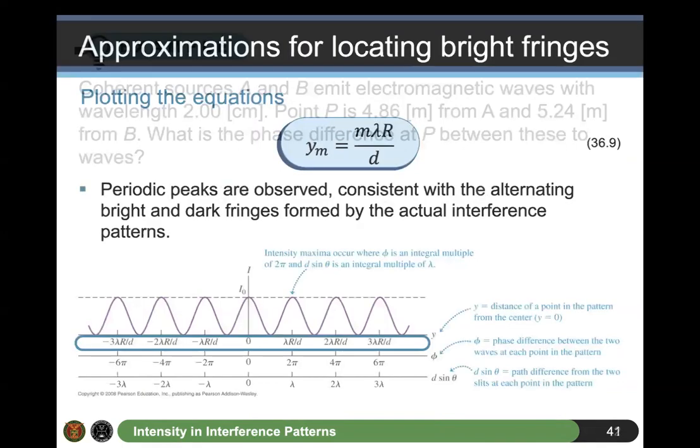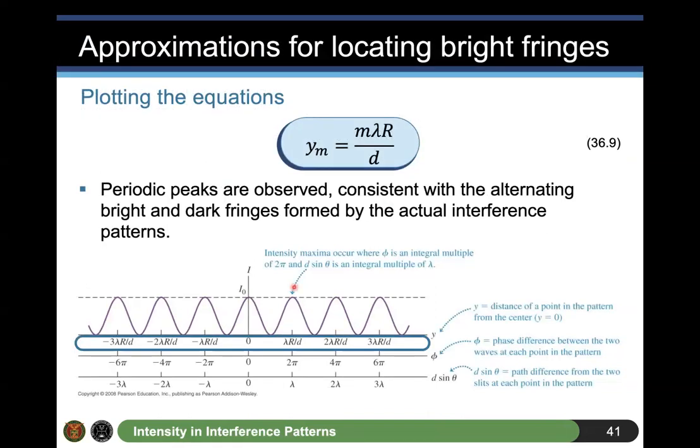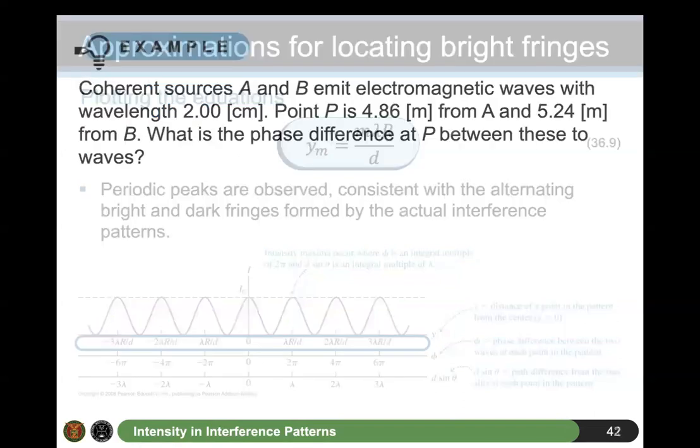And consistent sila with the alternating bright and dark fringes formed by the actual interference pattern. So, if you plug in yon, makikita natin yung intensity, maximum dun sa center, yung bright fringe, and then maximum at every m lambda. Okay, so for every m lambda, maximum din yung intensity, and dun din natin nakikita yung bright fringes. Okay?